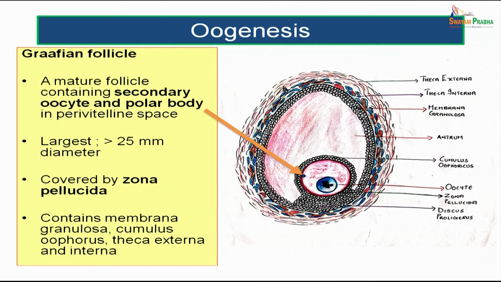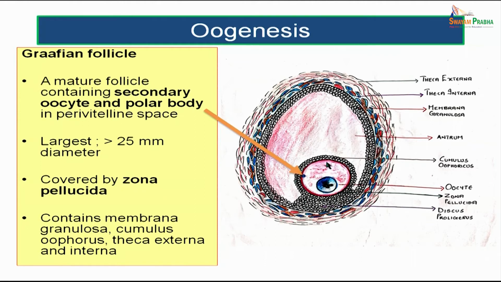So, a Graafian follicle consists of, from outer to inner, the theca externa, which is the fibrous layer, the theca interna, which is a vascular or glandular layer, then the membrana granulosa cells, then a larger cavity, which is the antral cavity, the fluid pressure of which will help to rupture the follicle.